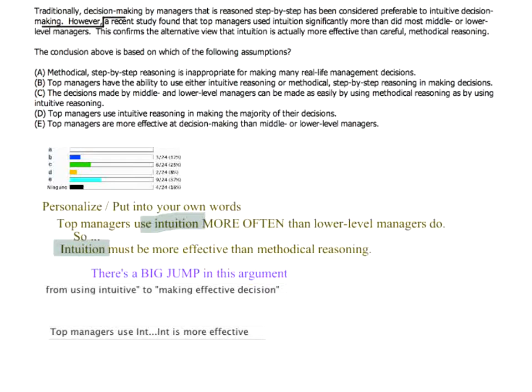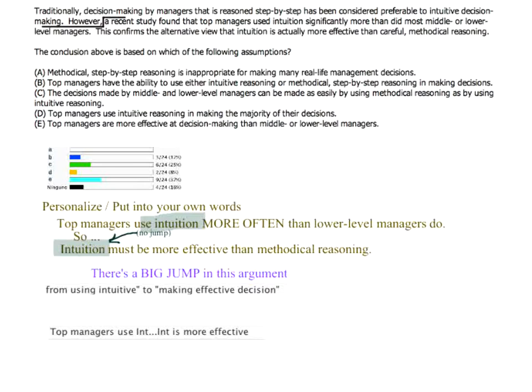So there's no jump happening here. We were talking about intuition before, and we are still talking about intuition. So these are exactly the same topic, therefore no jump. But it's the second one of these that is correct. So here, no jump.